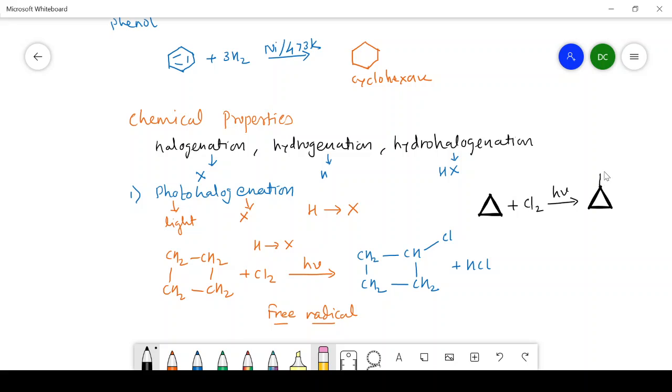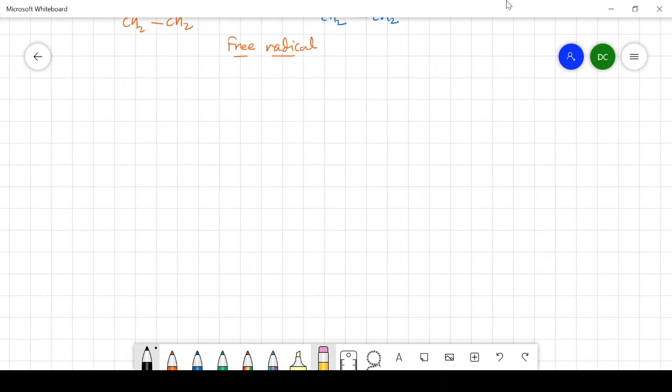So I will write here a Cl, and the corresponding chlorocyclopropane, chlorocyclobutane or chlorocyclopentane is obtained if the Cl2 is taken. In this way, the photohalogenation reaction occurs in case of cycloalkane. You just have to replace one hydrogen by halogen.